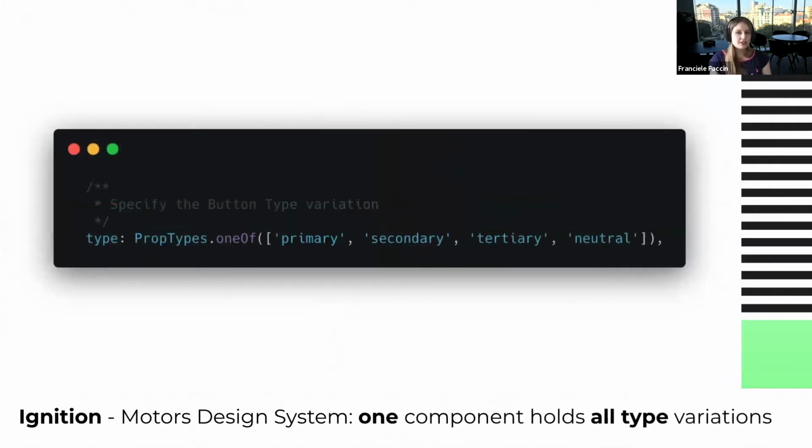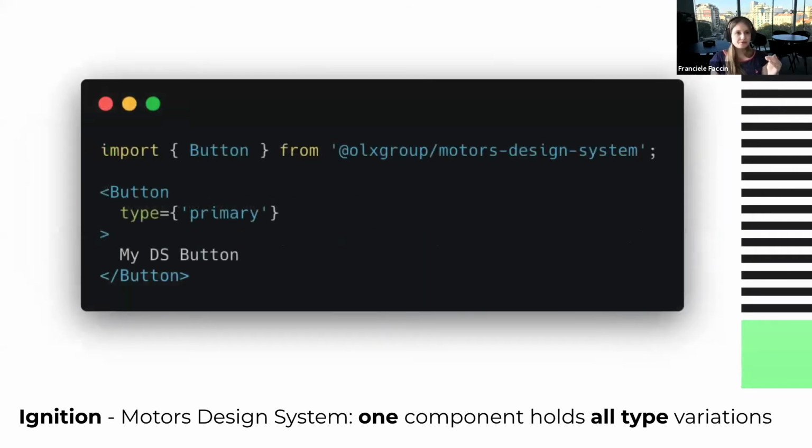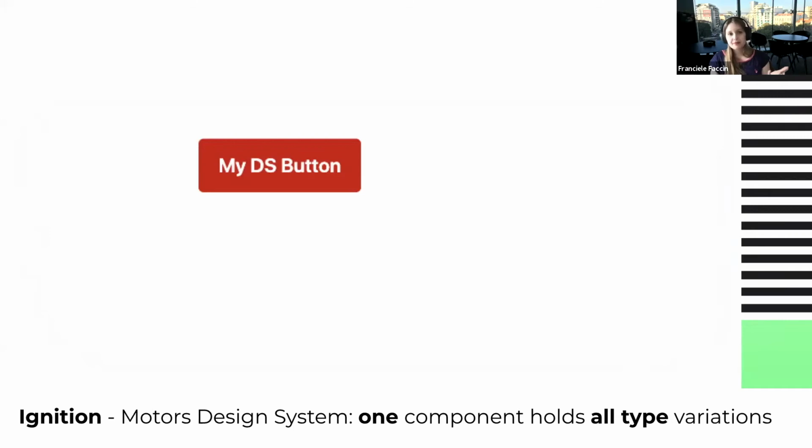One strategy that we adopted was that one component would hold all the variants of that single component. So for example, a button has many variations and it was all implemented in the same component, which made it real simple to use. The consumer would only have to load one button, and then just pass the prop of the type that you want, and voila, we have a primary button.